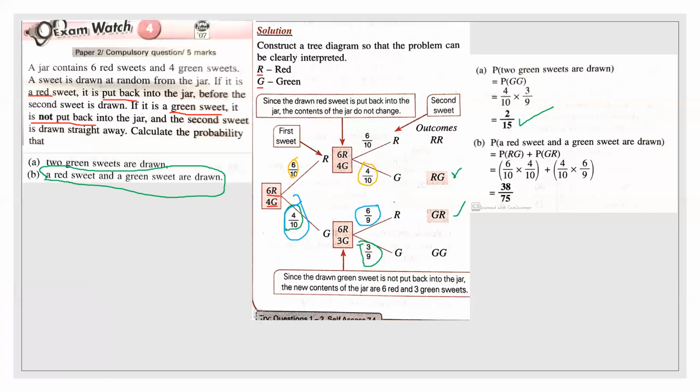Why do we use plus? Because it's either this or this, either one of the possibilities. So we use plus, and if you add all of it together, you will get 38/75. Normally if you are not that good with probability, we use this tree diagram to help us.